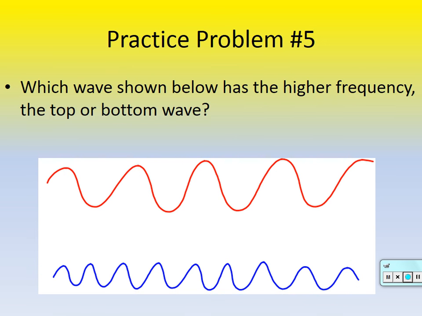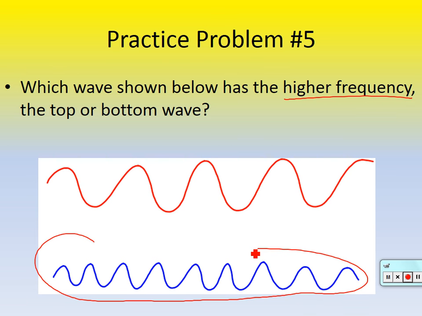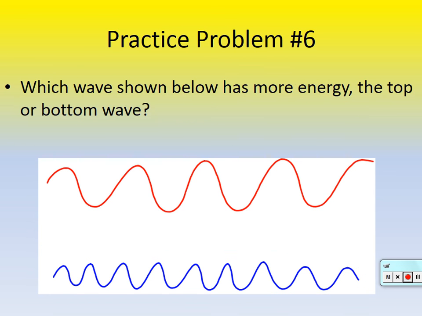Oh, shortest wavelength. Okay, higher frequency on this one. Which one did you circle? The bottom. Yeah, frequency is kind of like whether the wave is lazy or not. There's a lot of waves. It's got a high frequency. How many of you got that one right? Good. Okay, number 6. You guys try it.